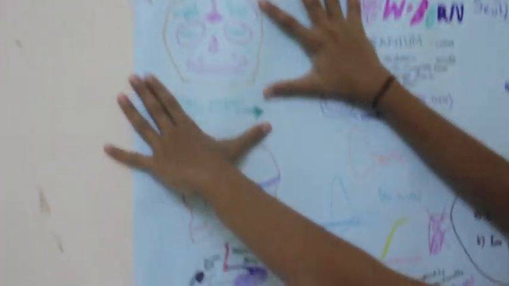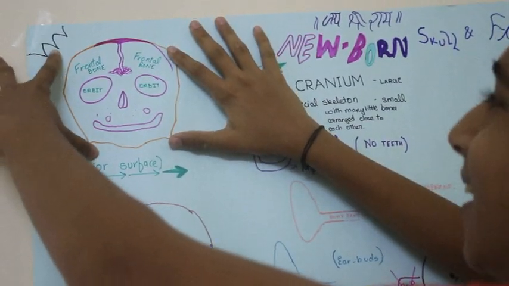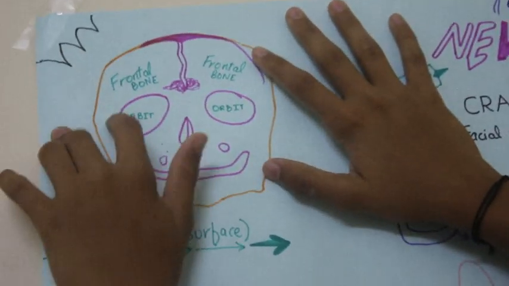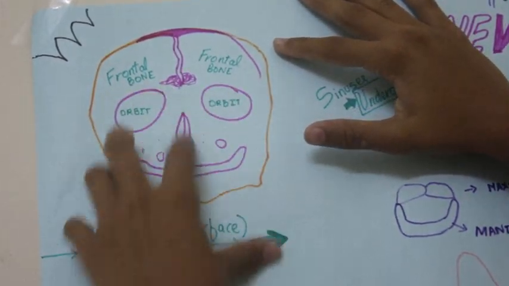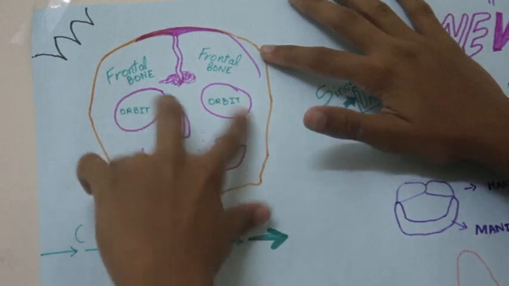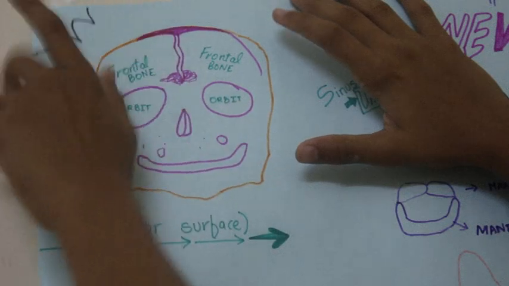So here is the basic anterior view of the newborn skull. My drawings are not perfect, as usual. This is the frontal bone, and this is the other side of the frontal bone. We have the orbit here, and the nasal bone area here. You have the mandible and the mouth opening here, and a few bones.